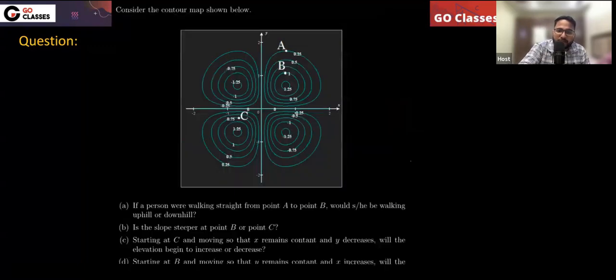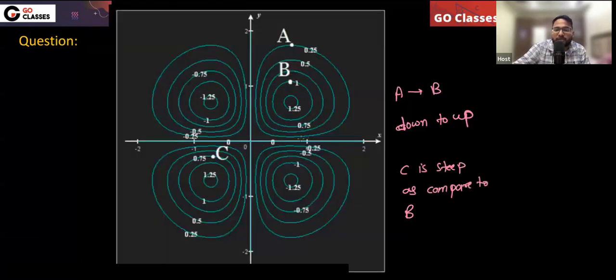Again, starting at C and moving so that X remains constant and Y decreases, will the function value increase or decrease? They are saying X remains constant, which means you will go in this direction, and Y decreases. If you go in this direction, will the function value be increasing or decreasing?